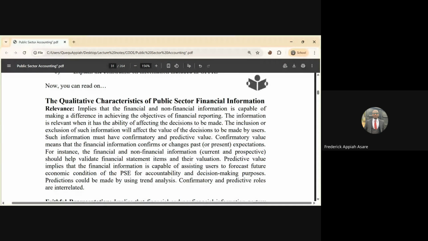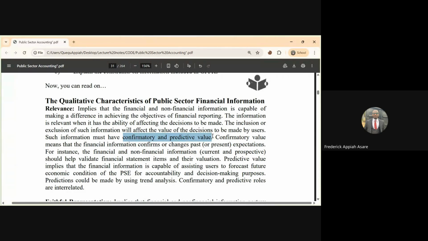When you say a financial report, or financial information, is relevant, there are key things that you have to consider. The information must be able to give us two things: a confirmatory value and a predictive value.